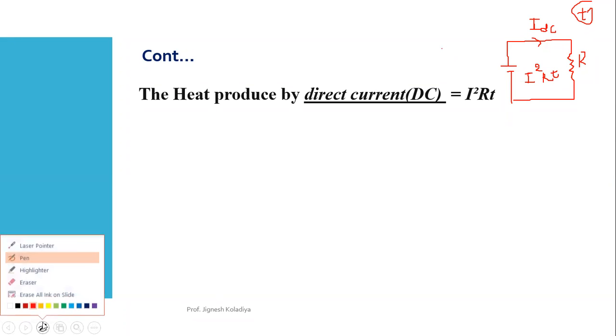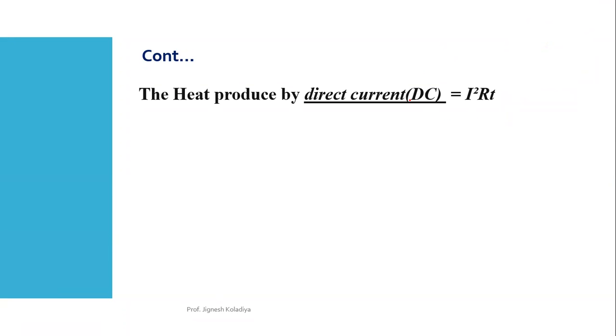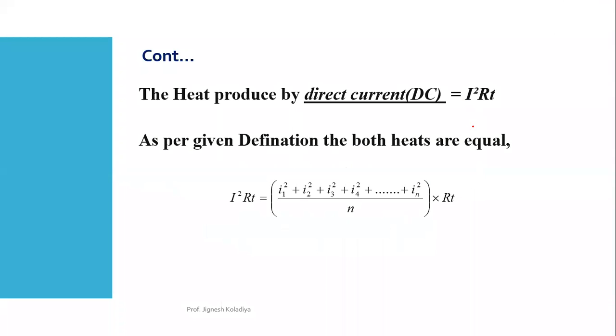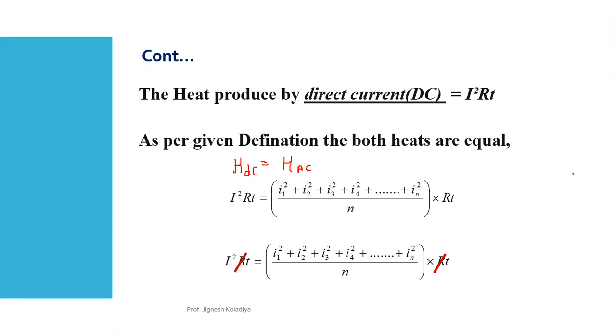According to the definition, the heat due to DC and due to AC are the same. So as per the given definition, we can compare both heats like this: I square RT, this is HDC, which is equal to HAC. RT cancels from both sides.